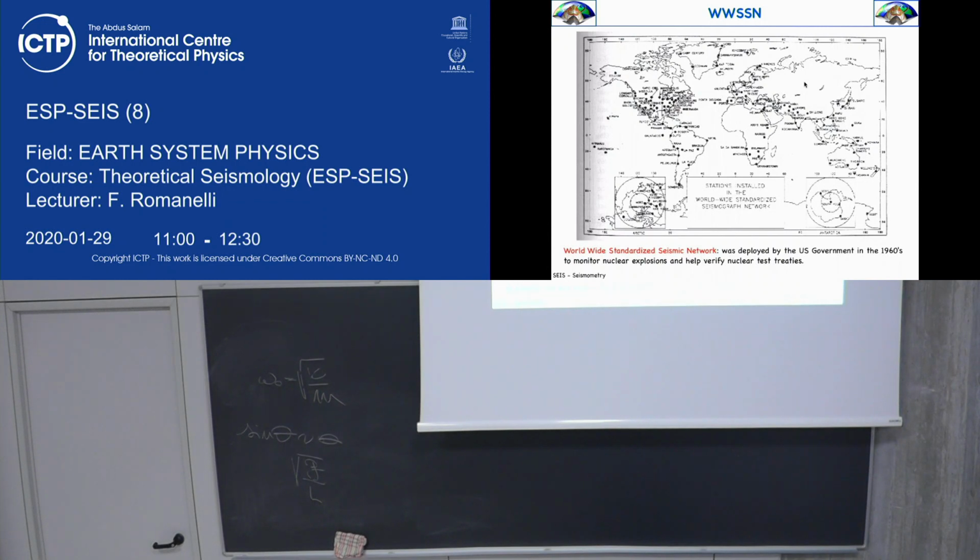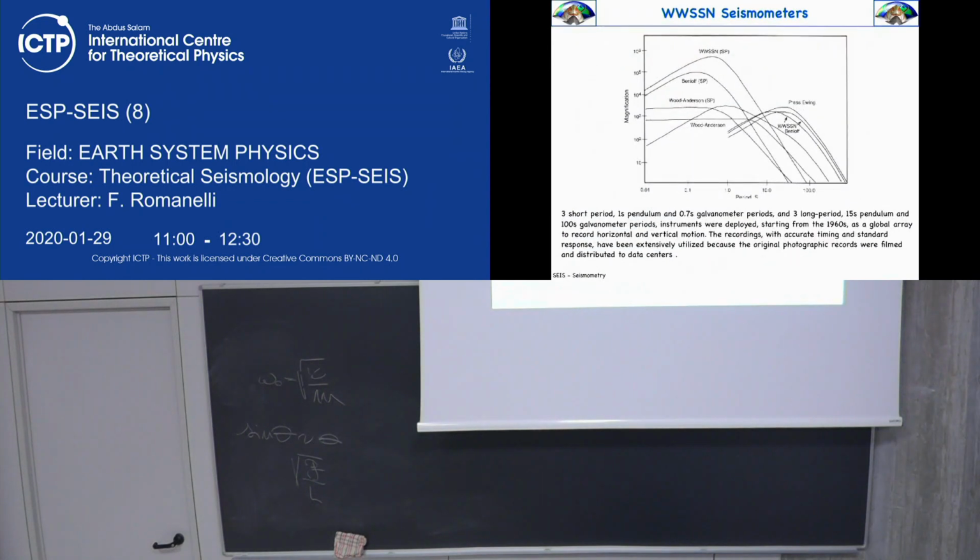So in the 60s, due to the Cold War, essentially, we had a global collection of data. And this is the typical arrangement of a WWSSN station. You see, you have a Wood-Anderson, short period, a Benioff, short period, and so on. So you have to handle a lot of instruments because you need a short period, a long period, and so on.